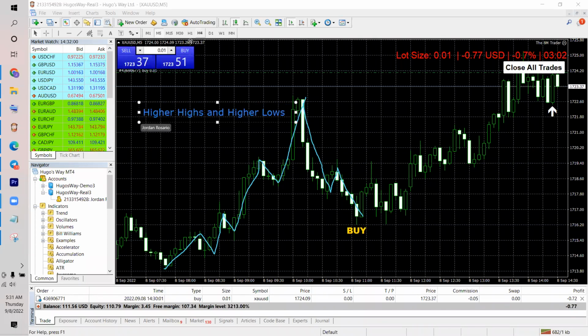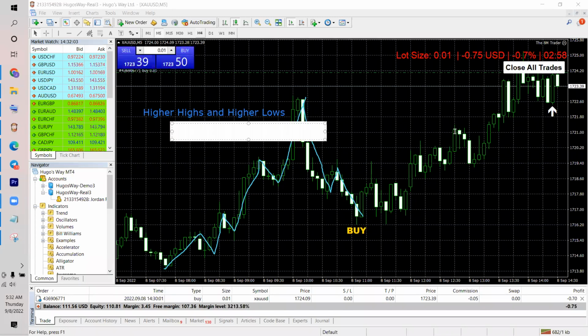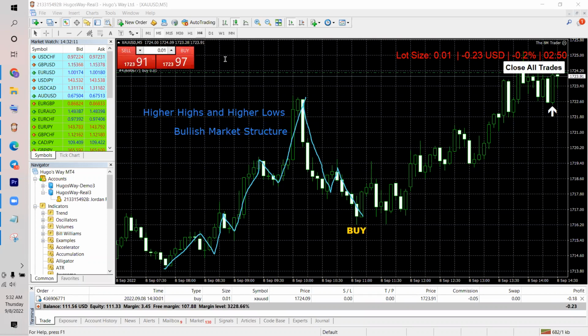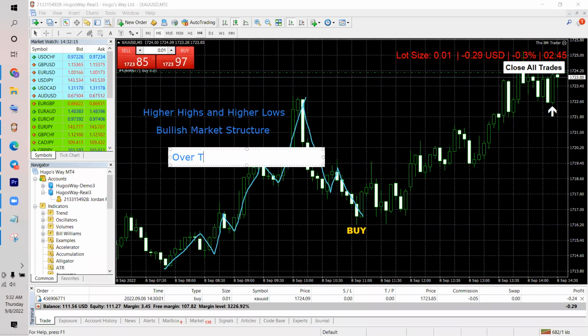There are many ways to call this, but the way that I describe it is a bullish market structure. And all that means is over time, prices are going up.